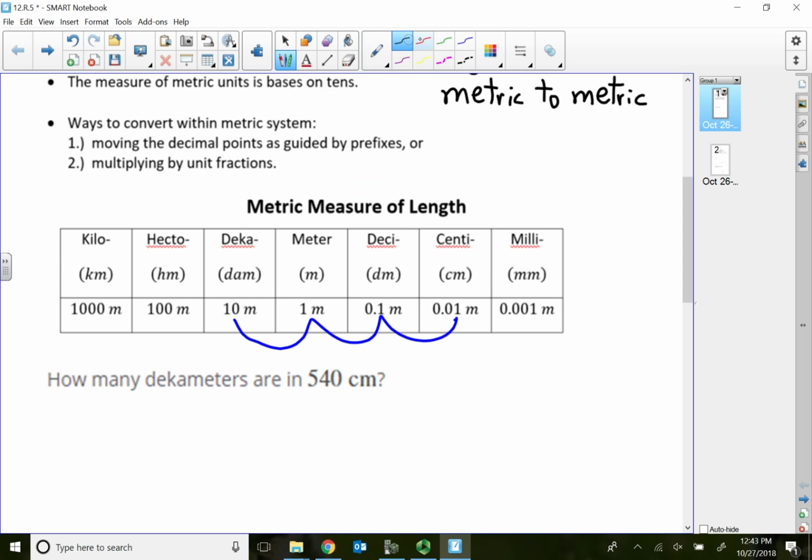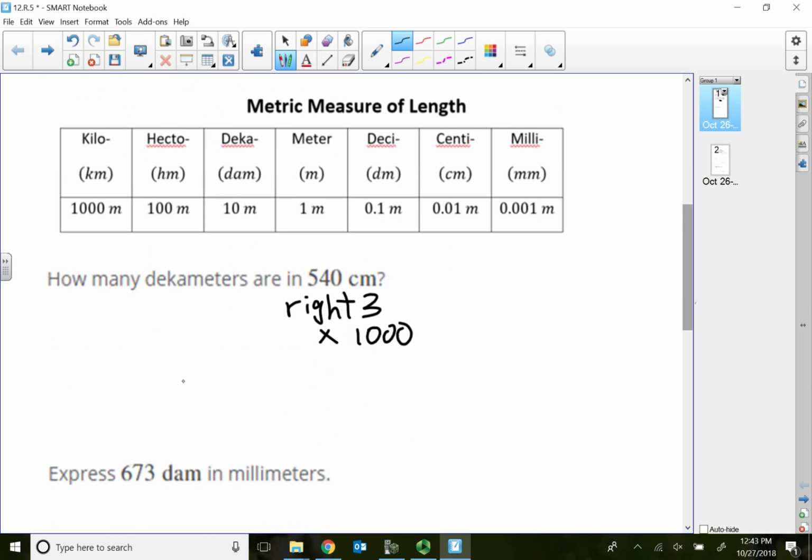So all I'm going to do is move my decimal to the right 3 places. Moving the decimal to the right 3 places is also referred to as multiplying by 1,000. I can actually multiply by 1,000 and get the same answer. So for 540 centimeters, which is equal to, oh, I'm sorry, I did it backwards.